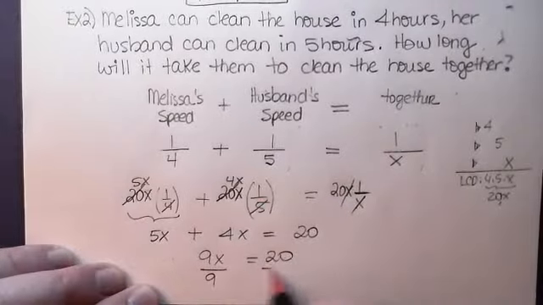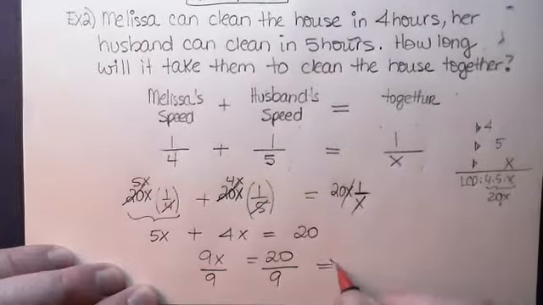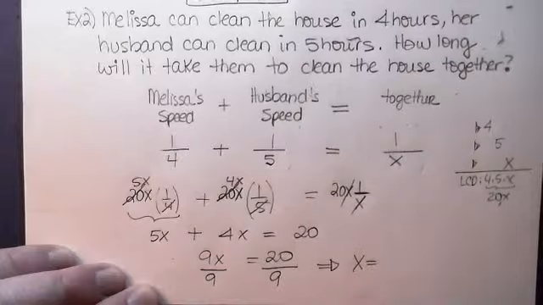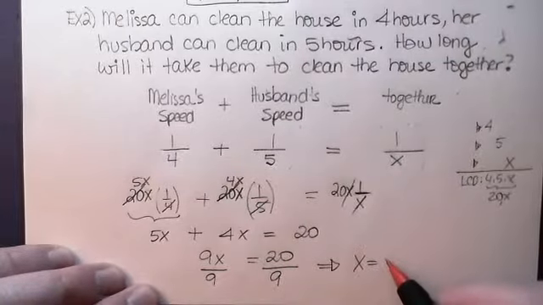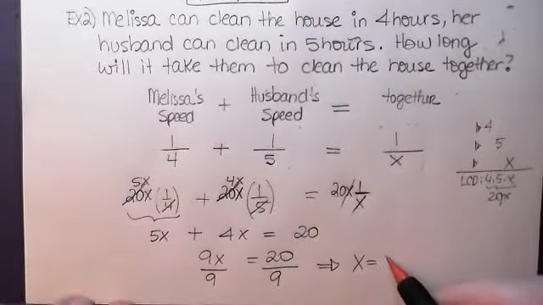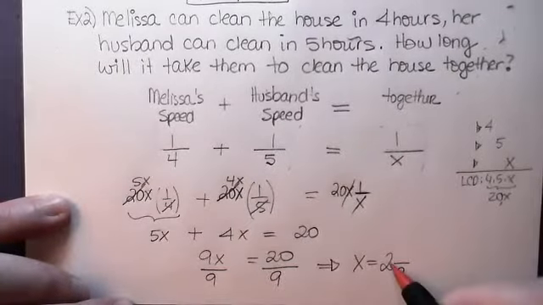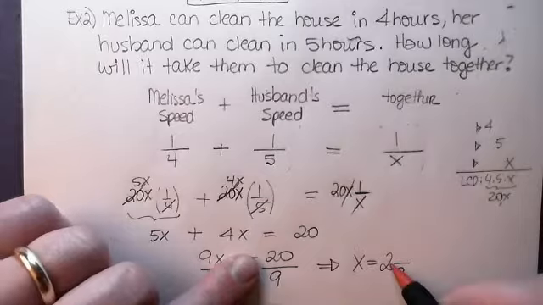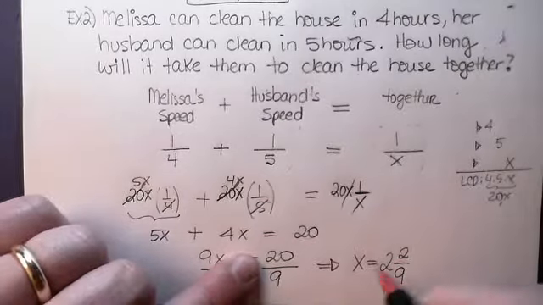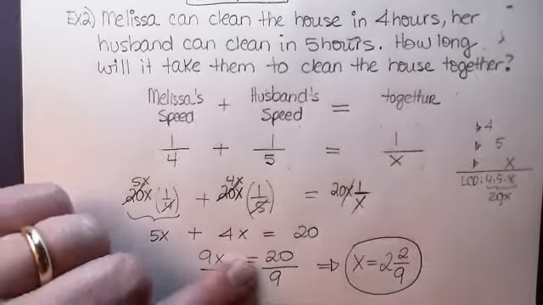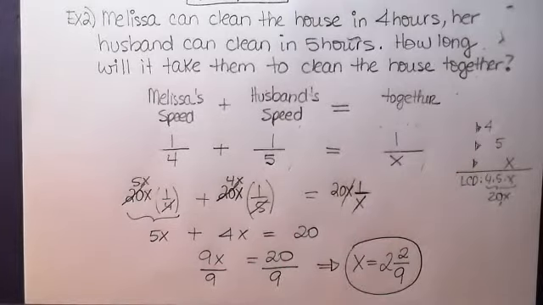Divide both sides by 9. That means x equals 9 goes into 20 2 times. Copy the 9. 9 times 2 is 18. To get to 20, I need 2 more. So that means it's going to take them 2 hours and a few minutes to clean the house together.